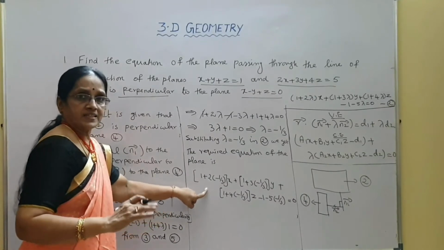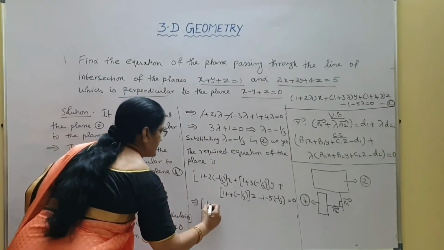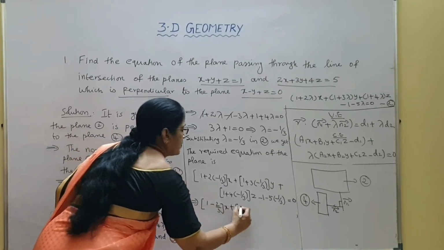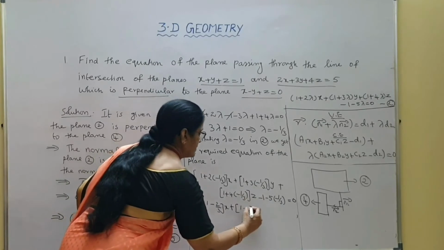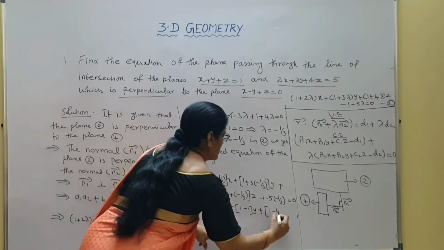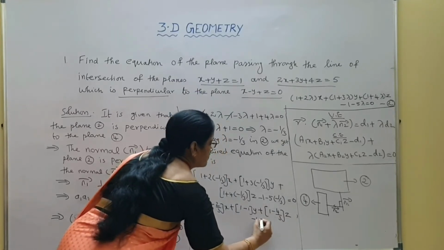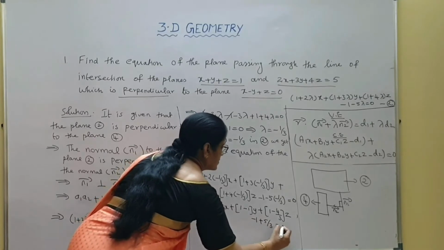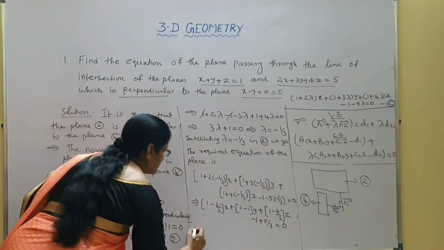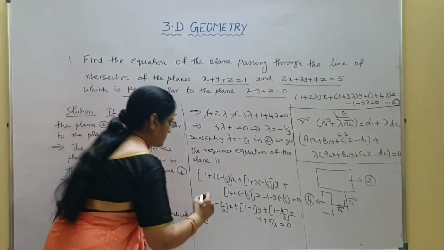When I simplify this, I will be getting (1 minus 2/3)x plus (1 minus 1)y plus (1 minus 4/3)z plus (1 minus 1) plus 5/3 equal to 0, which is nothing but 3 minus 2 is 1, so just you will be having x by 3.